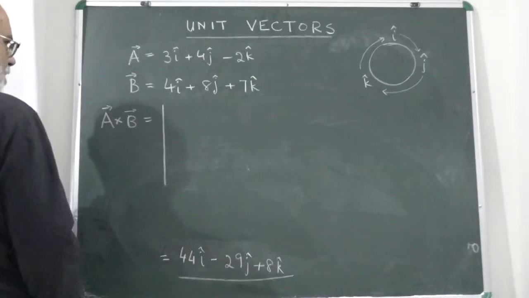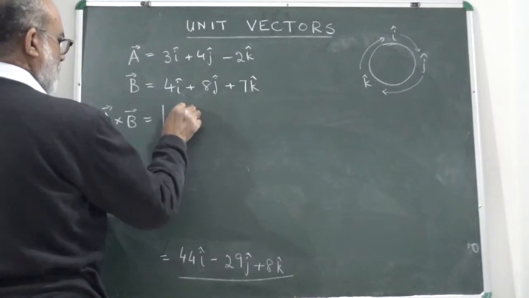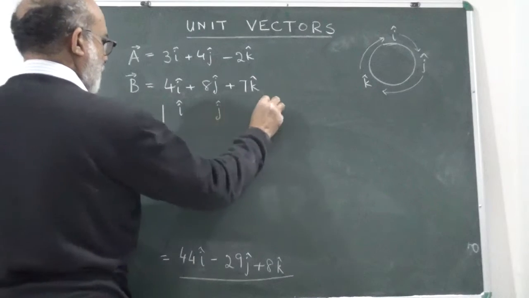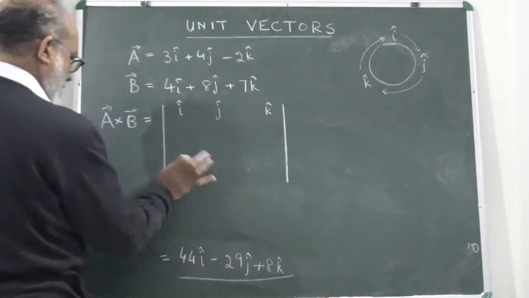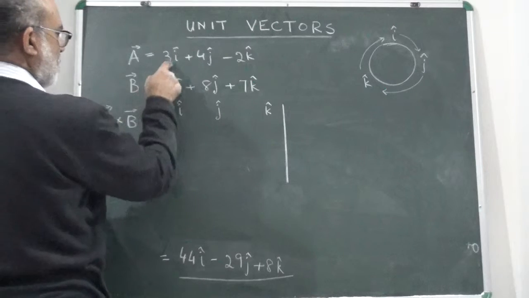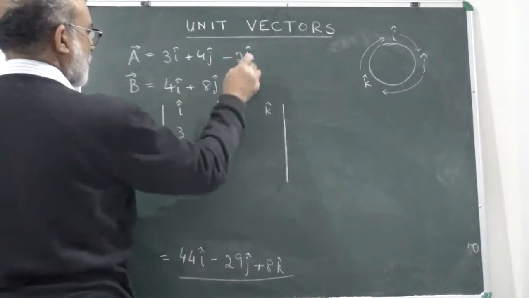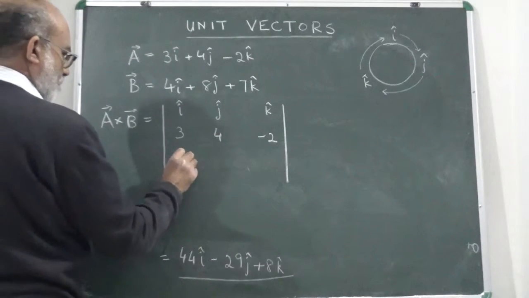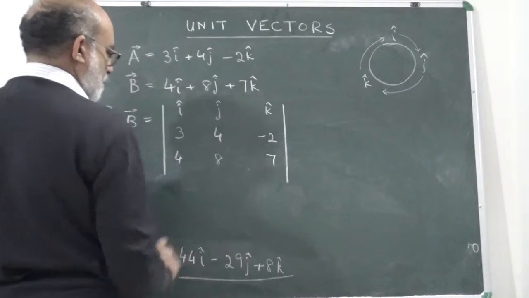We write it like a determinant. We take I here, J here, K here. The first vector is A. A has 3, 4, and K has minus 2. B has values 4, 8, 7.